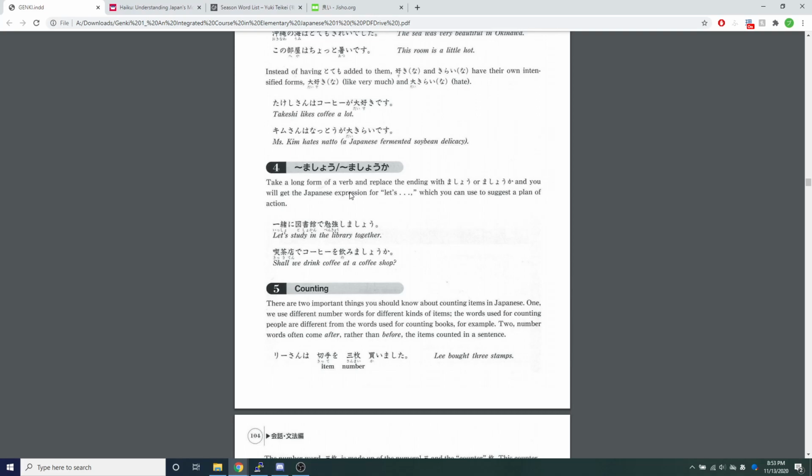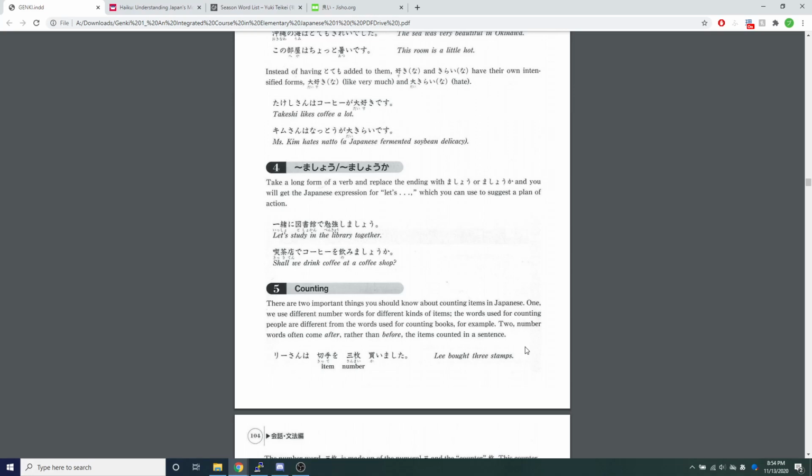If you add ka at the end, it makes it a question. So, タピオカを飲みましょうか means shall we drink bubble tea? And it's literally as simple as just replacing the masu with mashou, with the exception of suru becoming shimashou. And I guess that's not really an exception because suru becomes shimasu on its own. This is very useful.